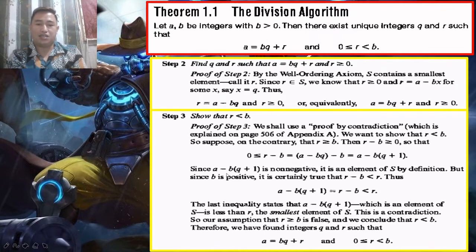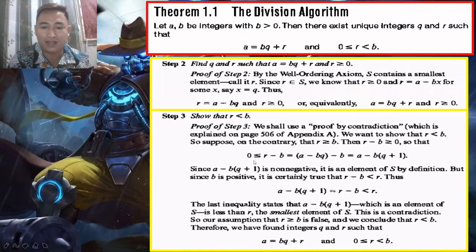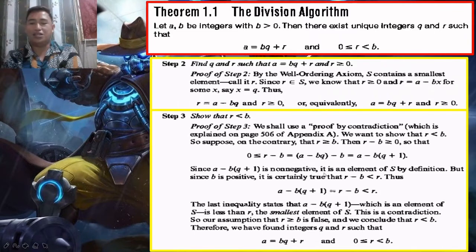Since a minus b times q plus 1 is non-negative, being greater than or equal to 0, it is an element of S by definition, because it has the form a minus bx.